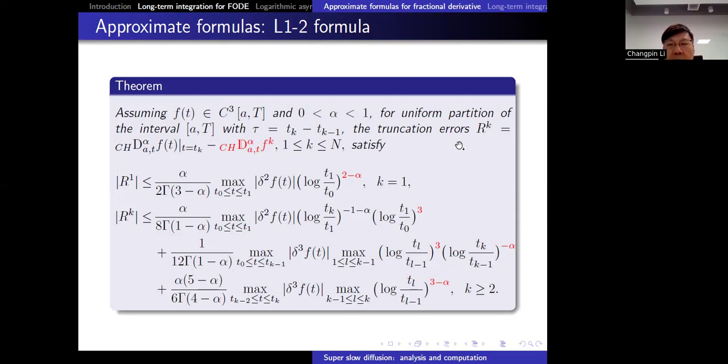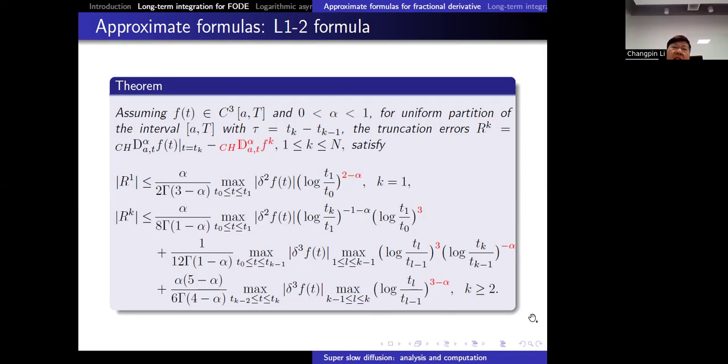The truncation error is the difference between them: this is the exact value, this is the approximate formula. In the first sub-interval, the error order is 2 minus alpha. But in the following sub-intervals, it is 3 minus alpha. So we find this is the integer node.